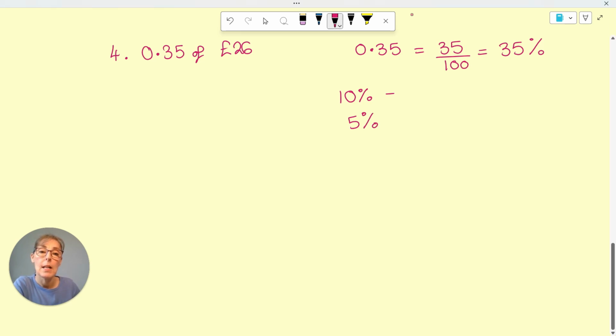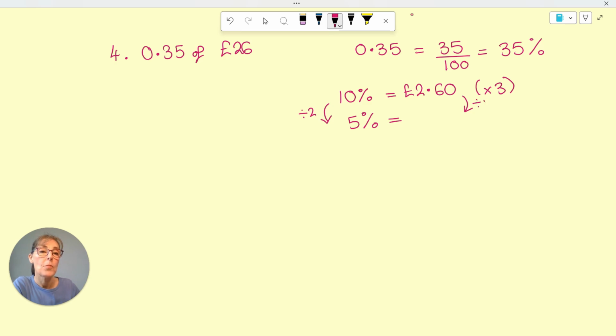So let's find 10%. So 10% of £26. We divide £26 by 10 and we've got £2.60. And we want 3 of those to make the 30%. 5%, well, half of 10% is 5%.